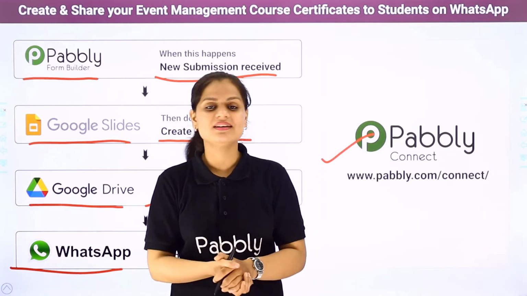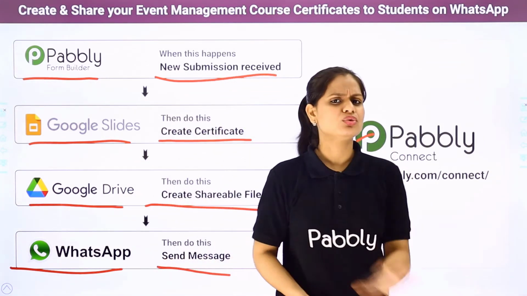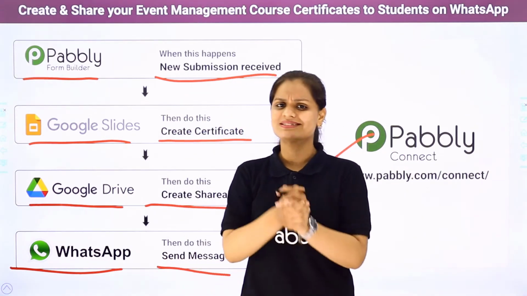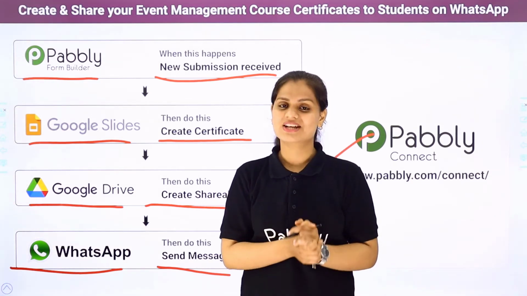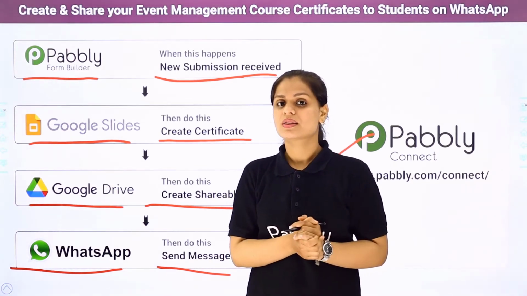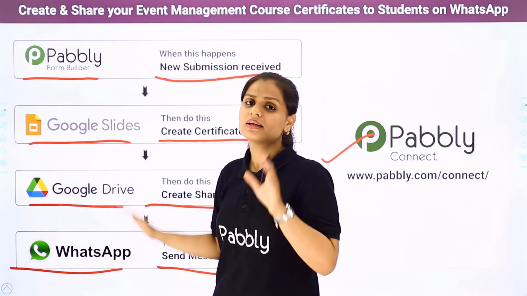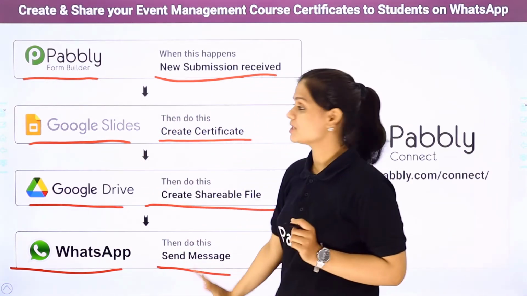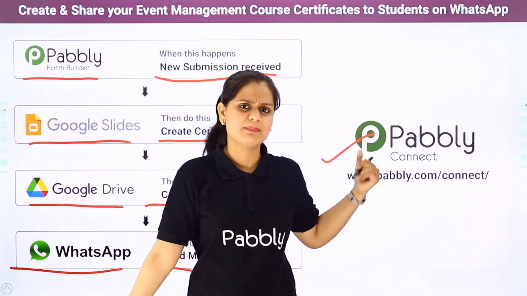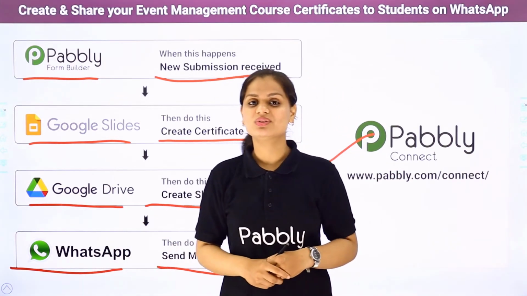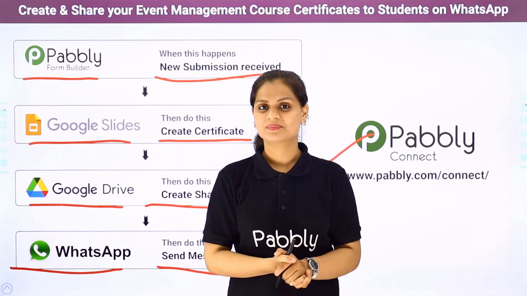The best part is that to use Pabbly Connect, you do not need coding skills or programming knowledge. It is actually really very easy to use. Now let us understand this complete process on my screen, how I am going to build that automation between all these software applications with the help of Pabbly Connect, and we are also going to see a real-time example.